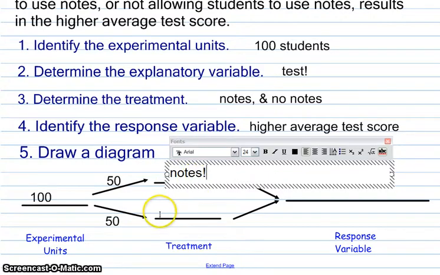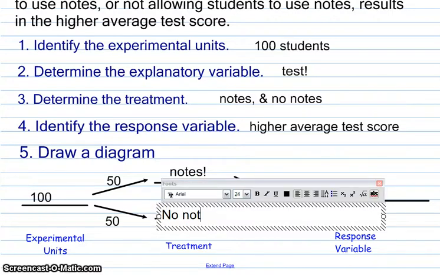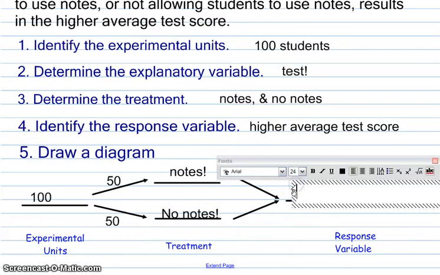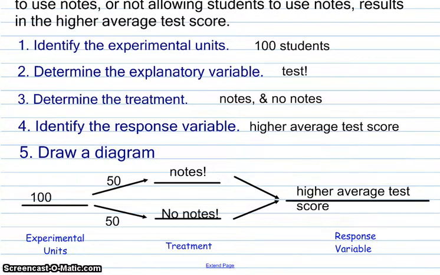Don't know about you, I probably want to be in the notes section. And then our response variable, that outcome that we want, so the higher average test score. And there we go.